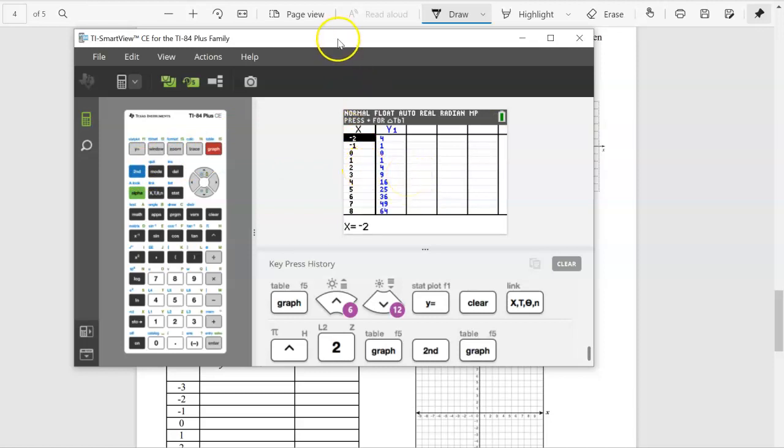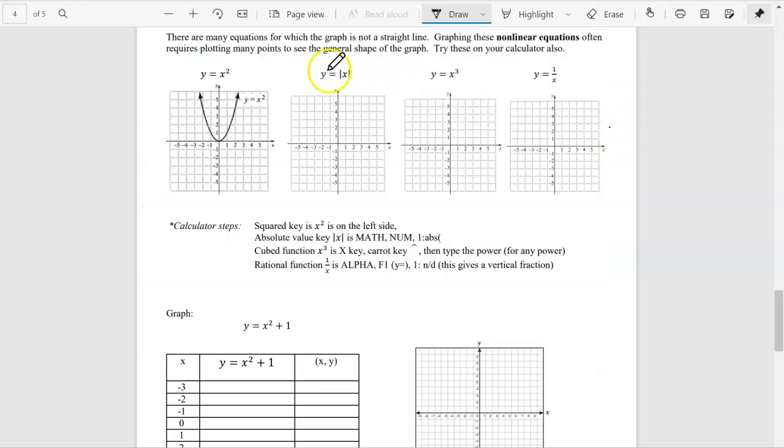Okay, I think the next one on our list is y equals the absolute value of x. And so I don't know if you guys remember, but if you've got this one, absolute value means if it's positive, it stays positive. If it's negative, it's going to turn to positive. So it's how far is the number from 0? So if we plug in a 0, well, we're going to get back 0.